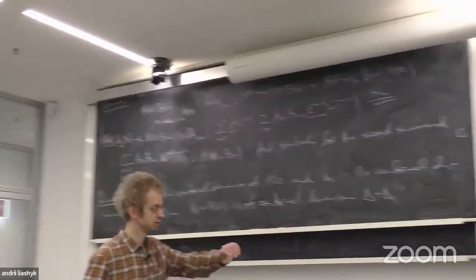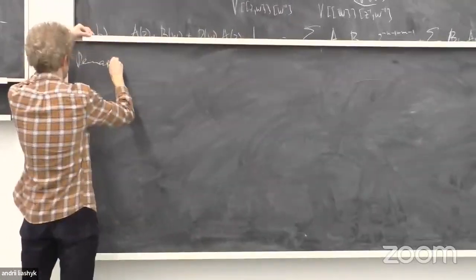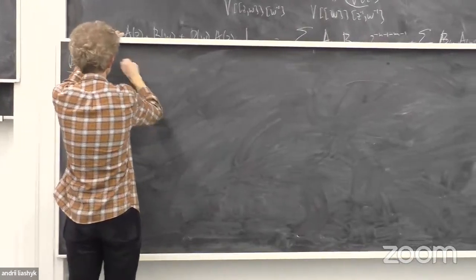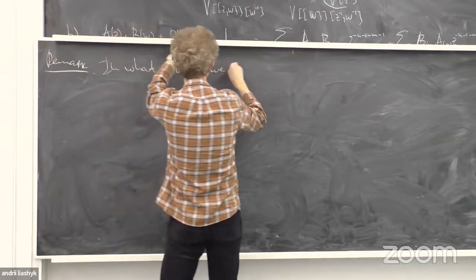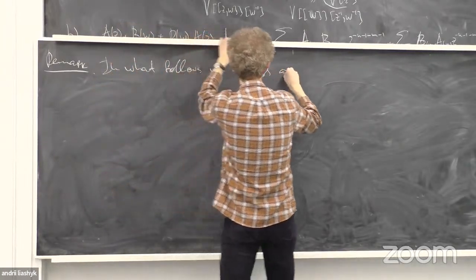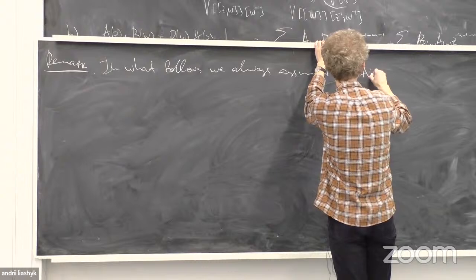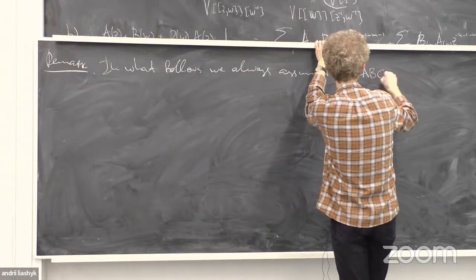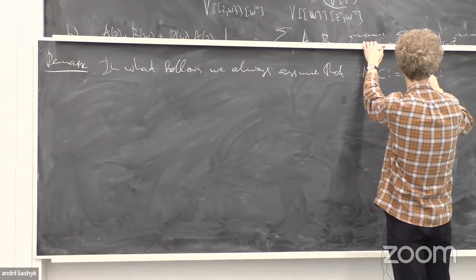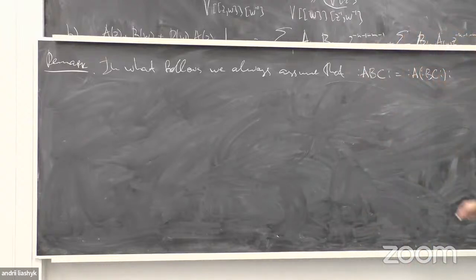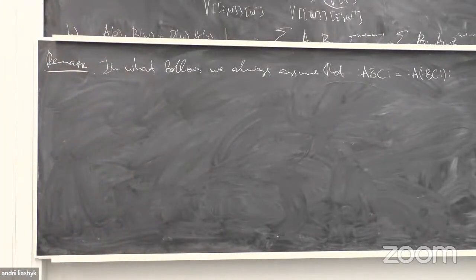Yeah, one more. Let me say one more time. So we always, in what follows, we always assume that (A, B, C) is A, B, C, and so on. So this operation is non-commutative.